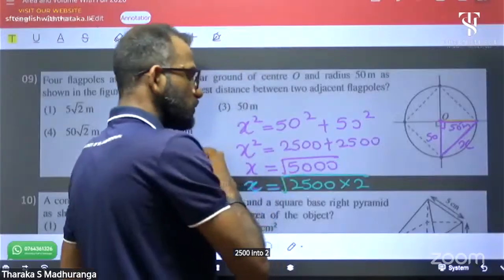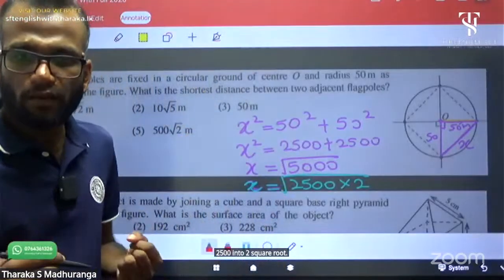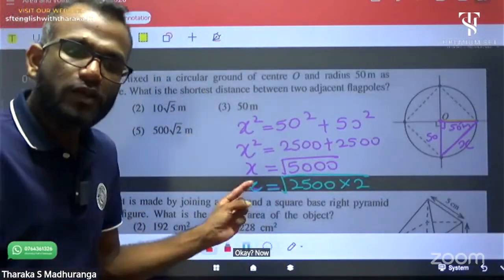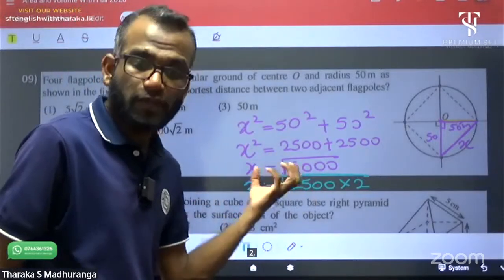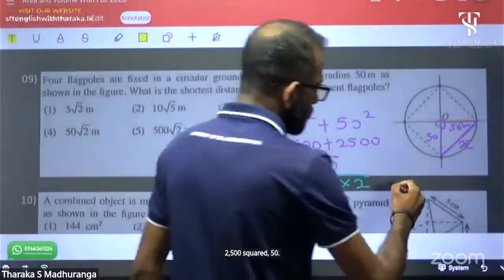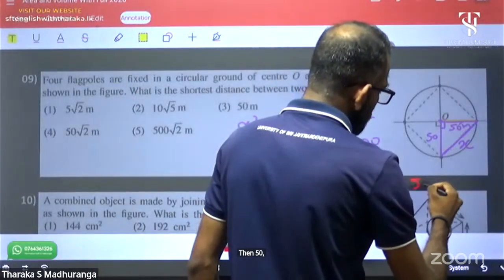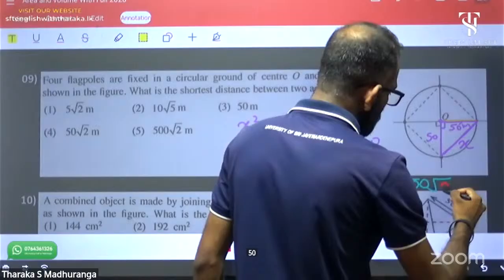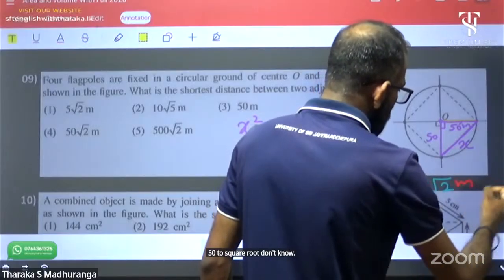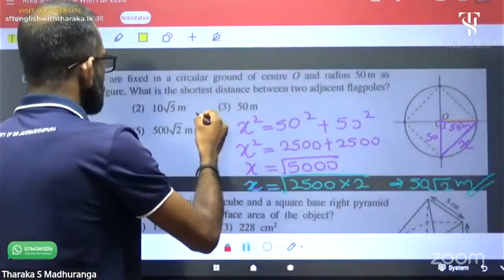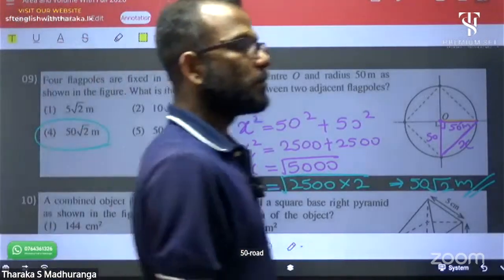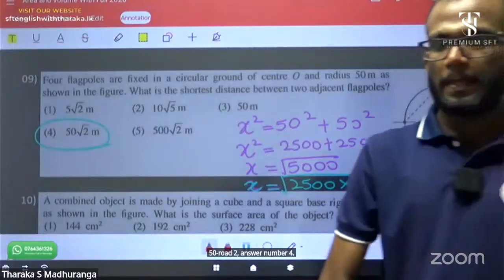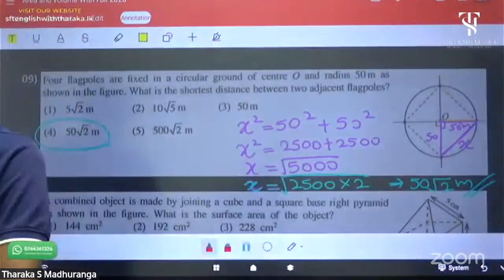Now the square root of 2500 is 50, and we don't know the square root of 2. So 50 root 2, answer number 4.